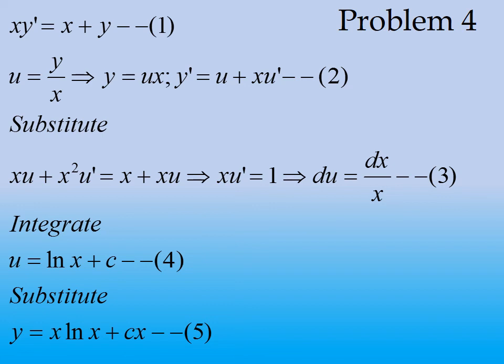That implies x u prime is equal to 1. So it is du is equal to dx by x. So now if you integrate, then you can get u is equal to ln of x plus c. Now you substitute this value for u, then you can get y is equal to x ln x plus cx.